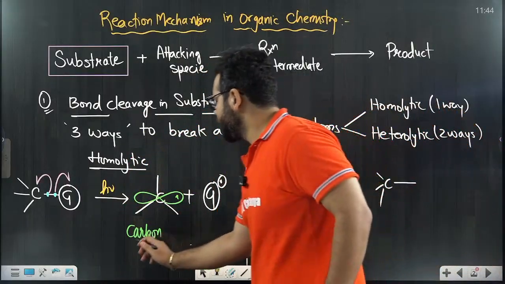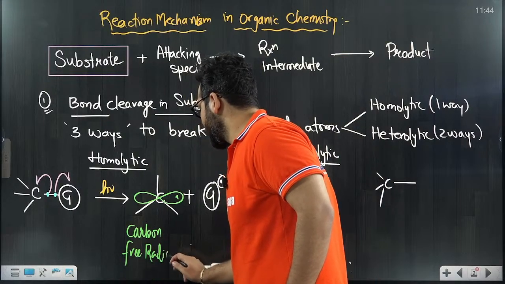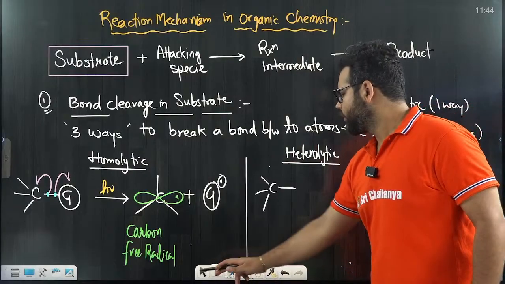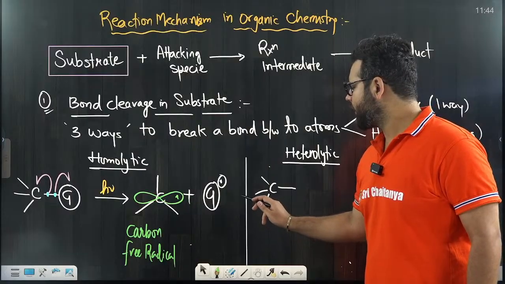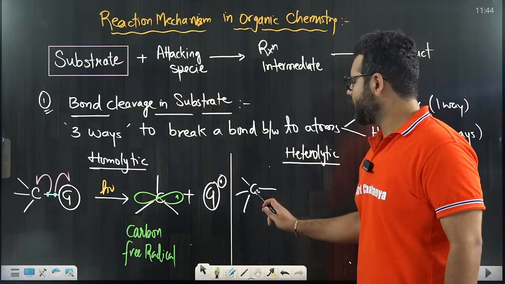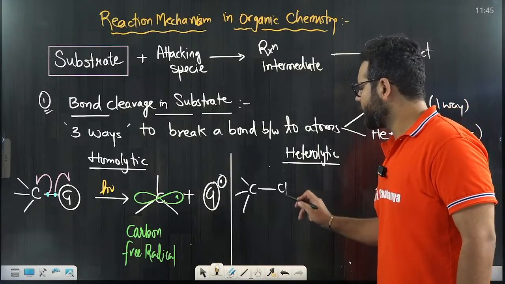So this is the carbon free radical. Now let us do heterolytic cleavage. It is possible that carbon is attached to a more electronegative atom like chlorine, bromine, iodine. Let me keep chlorine here.